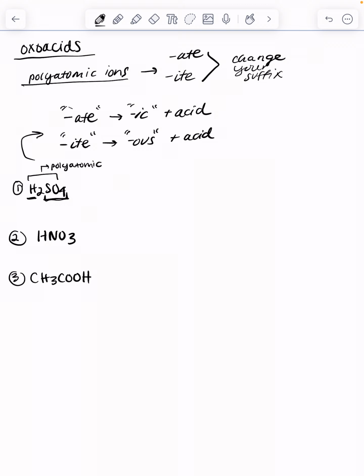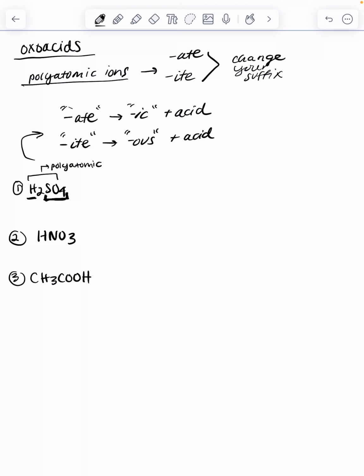So there's no prefix hydro at all. We just jump right into it. So literally all we're going to do is name our lovely compound here and add acid to it, right? And change our suffix.